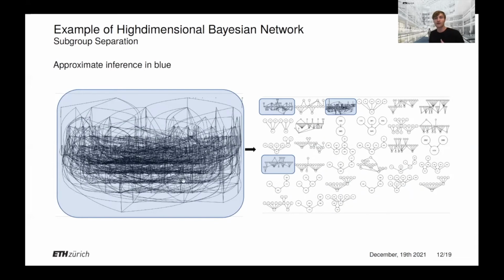So coming back to this very high dimensional Bayesian network that I showed you at the beginning, you can now split up this high dimensional graph into smaller, more digestible parts, where on most of these conditionally independent subsets, it's actually quite easy to apply exact inference. So if you look at these subsets, many of those are quite low dimensional, and there's no need to apply approximate inference on them, since exact inference is both fast and also exact, so there's no error introduced.